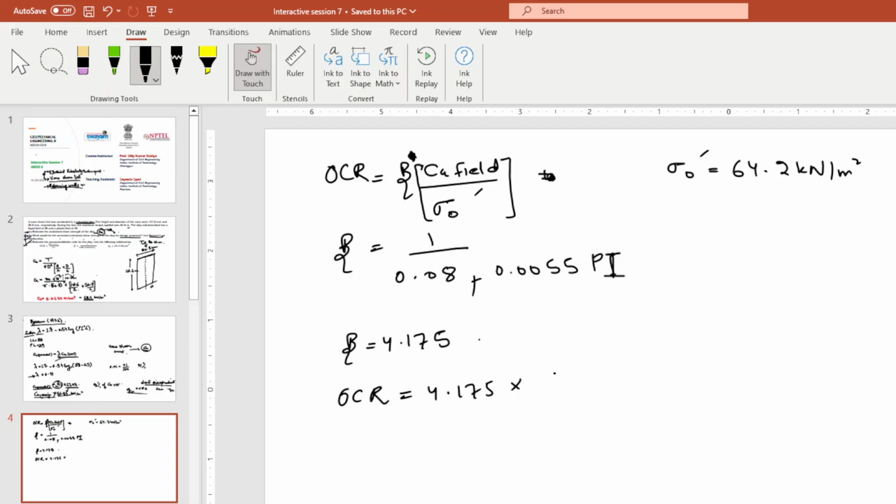Into Cu is 64, 62.43, and let's take the pre-consolidation pressure that is given, 64.2. So how much will be the OCR value?